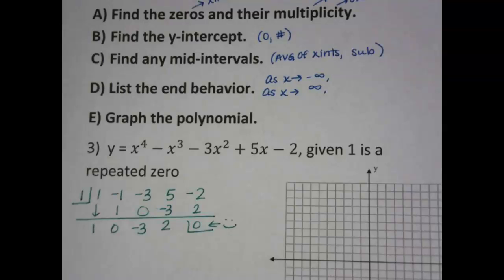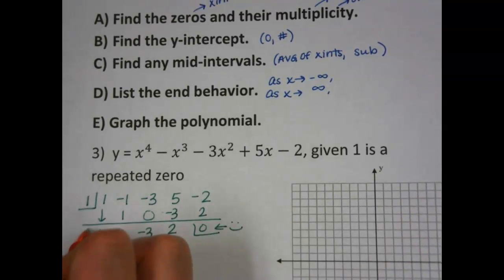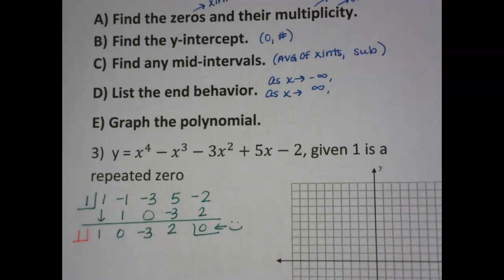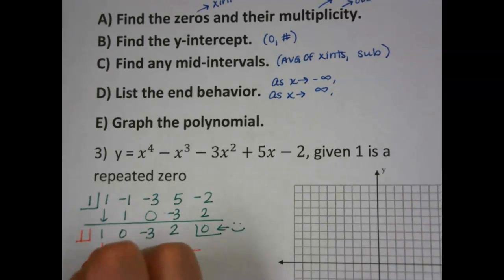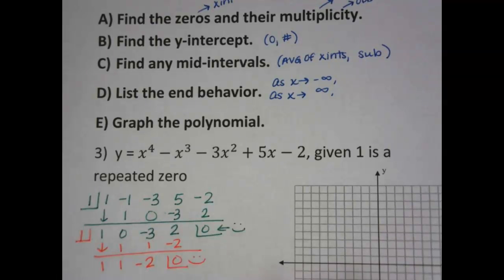Now the directions say that 1 is a repeated 0. That means we use these new coefficients and do 1 again. So 1, 1, 1, 1, -2, -2, 0.